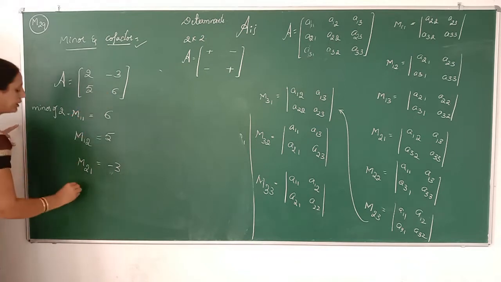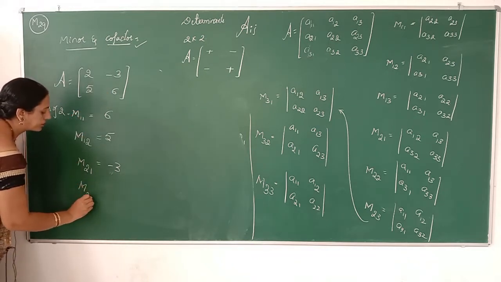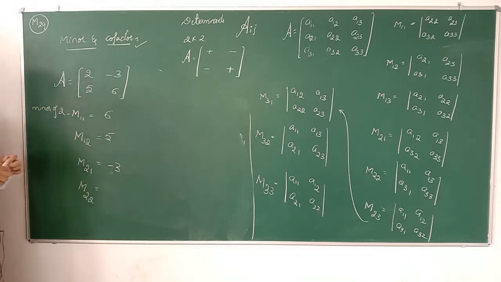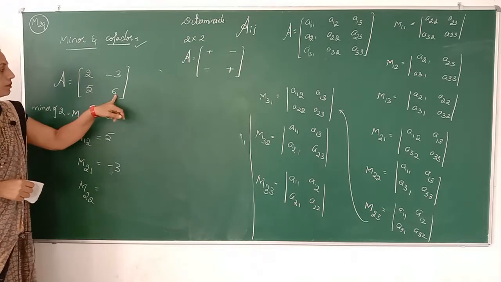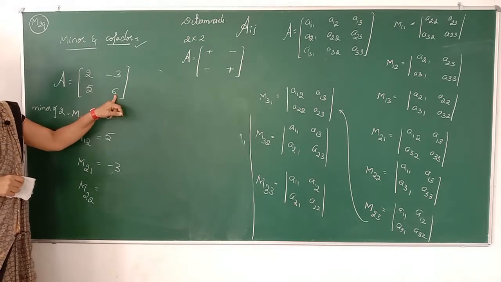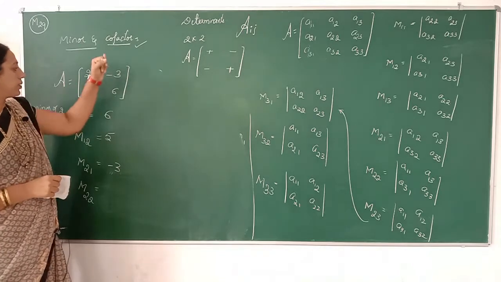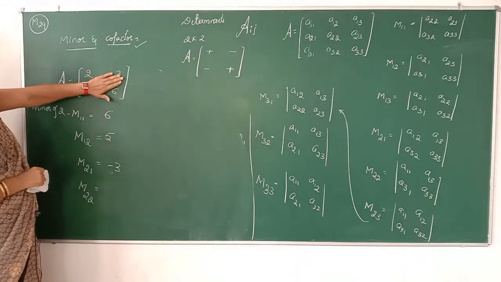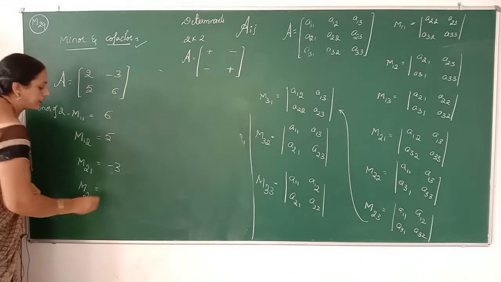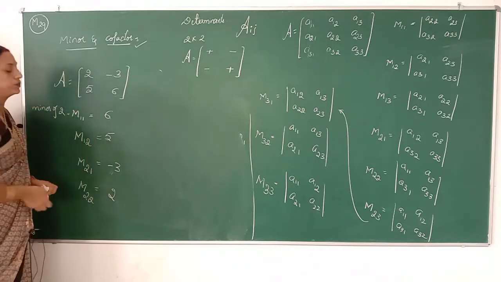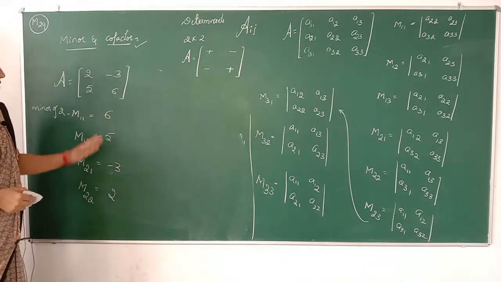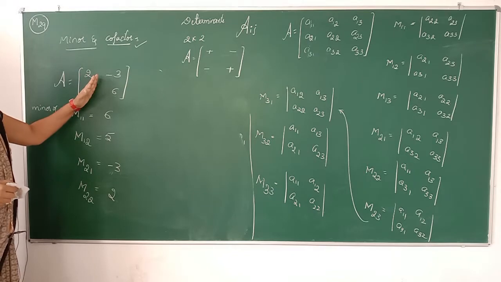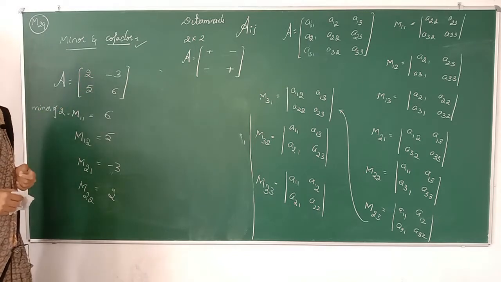The last element is M22, the minor of 6, where 6 is the element in the second row, second column. Those are neglected and the remaining element is 2. These are called the minors of the corresponding elements of the given matrix A.